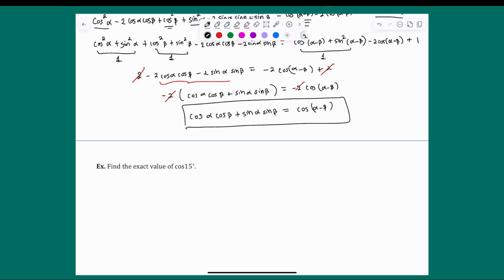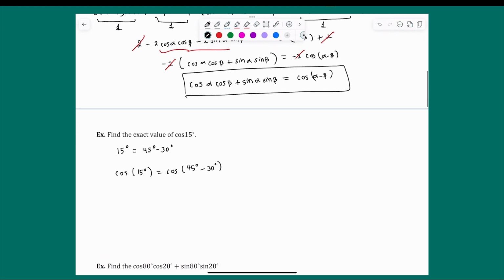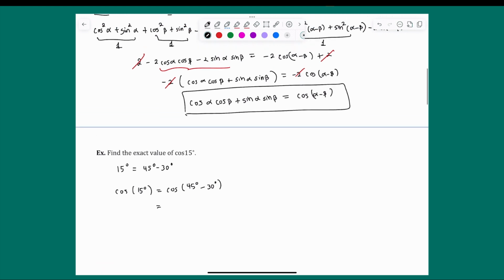Okay, so let's just note that 15 degrees can be written as 45 degrees minus 30 degrees. So we have cosine of 15 degrees equal to cosine of 45 degrees minus 30 degrees. And now we could apply our identity that we just derived.